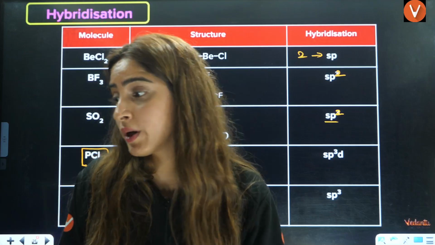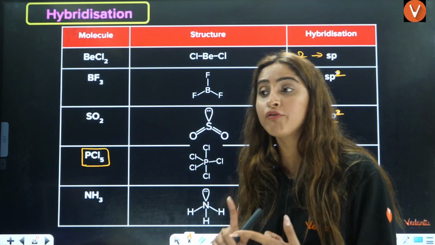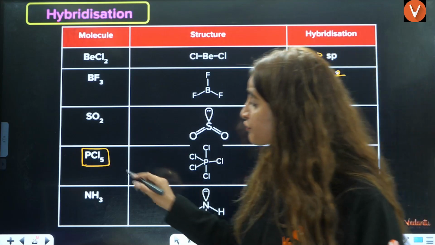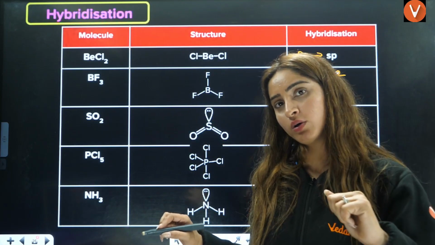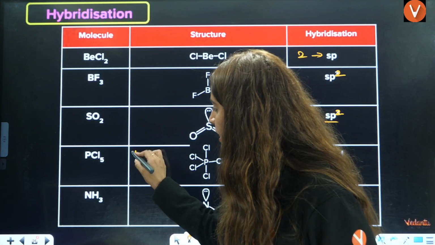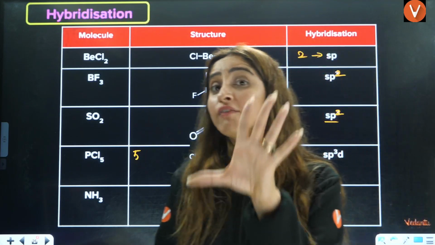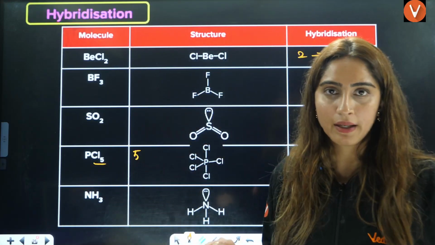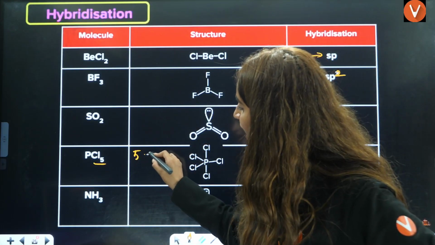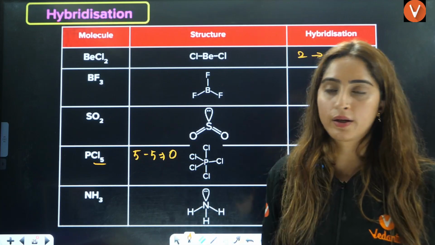Phosphorus belongs to group number 15. In this group number 15, minus 10 you do, that means you have 5 outermost electrons. You have 5 surrounding atoms, that means at least 5 bond pairs it is forming. So 5 minus 5 is going to be 0, that means there is no lone pair.